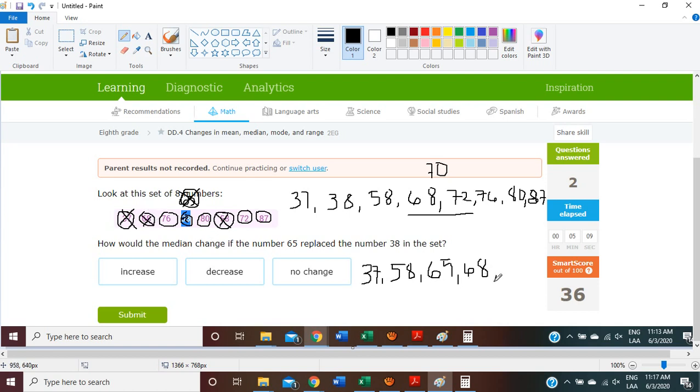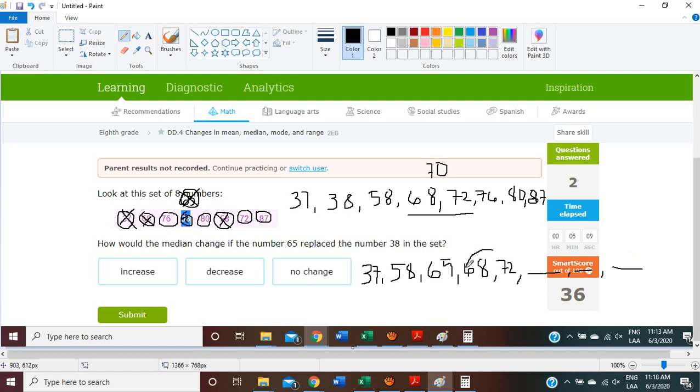The next number is also important, which is going to be 72. Okay, and again I am going to write the next 3 numbers, which are going to be 76, 80, and 87.